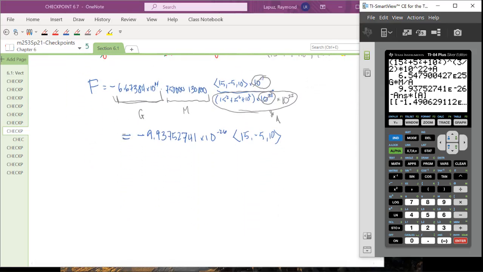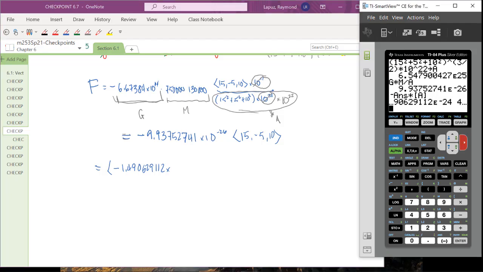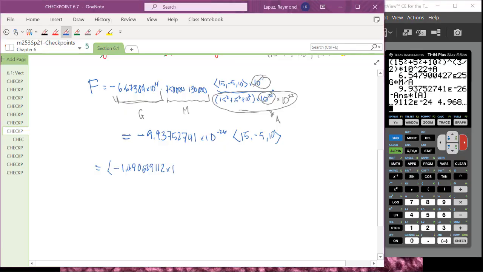So let's see if we can write it down. The first number will be -1.490629112. There's an E coming there, so let's right arrow to see that this is going to be the 24th power. Comma.